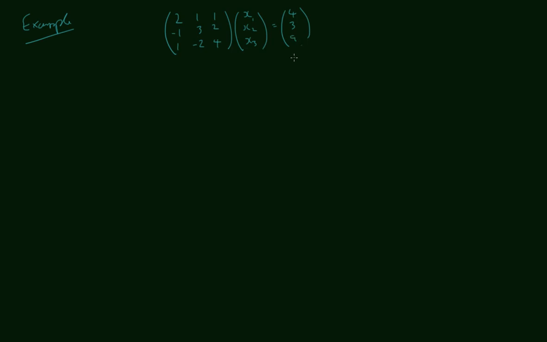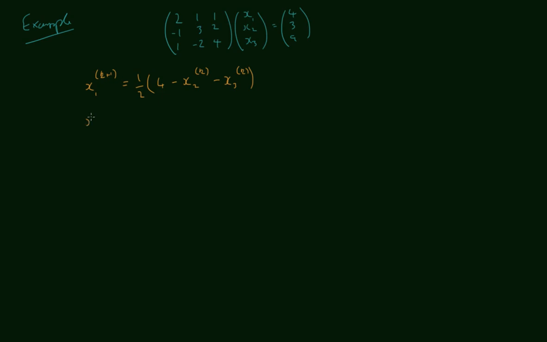If we apply the Jacobi method to this, the equation for our first value is going to be 1 over a11, so 1 over 2, multiplied by b1, which is 4, minus 1 times x2 of the current iteration, and minus 1 times x3 of the current iteration.